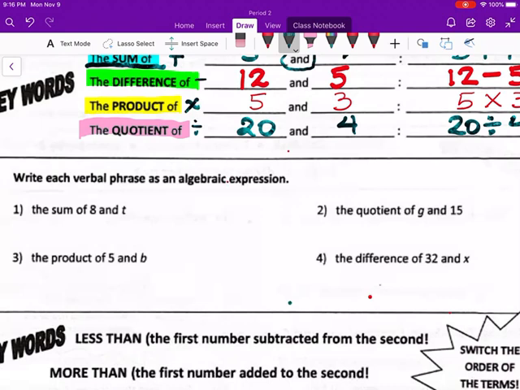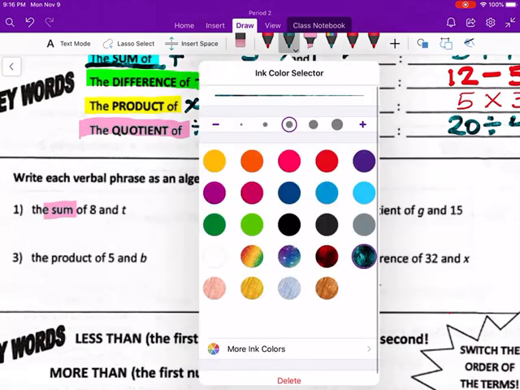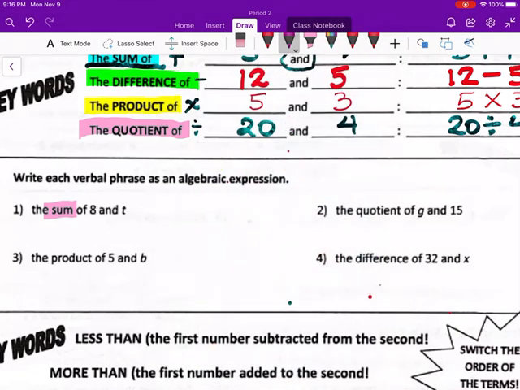So we are going to first look for the keyword, which is sum. We know sum is addition, so we are adding 8 and, remember I said when you hear the word and, that's where you put the keyword, 8 and t. That's it.